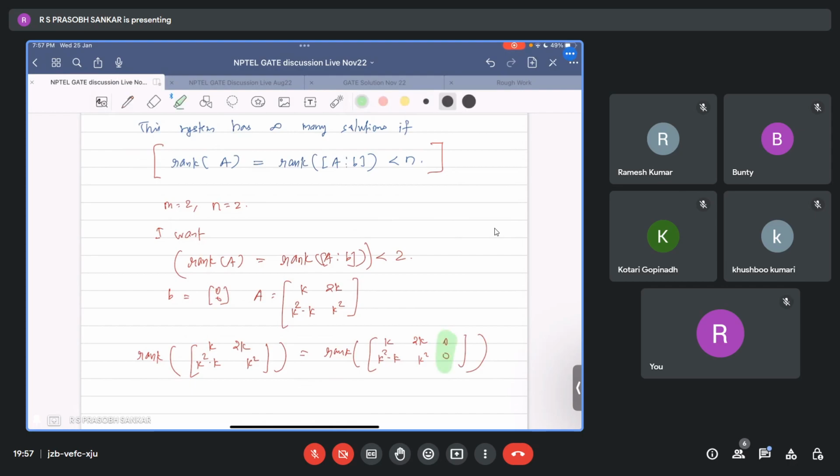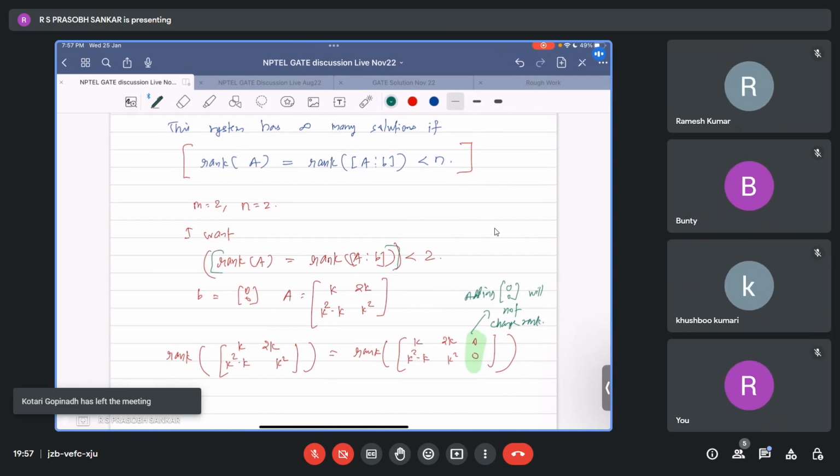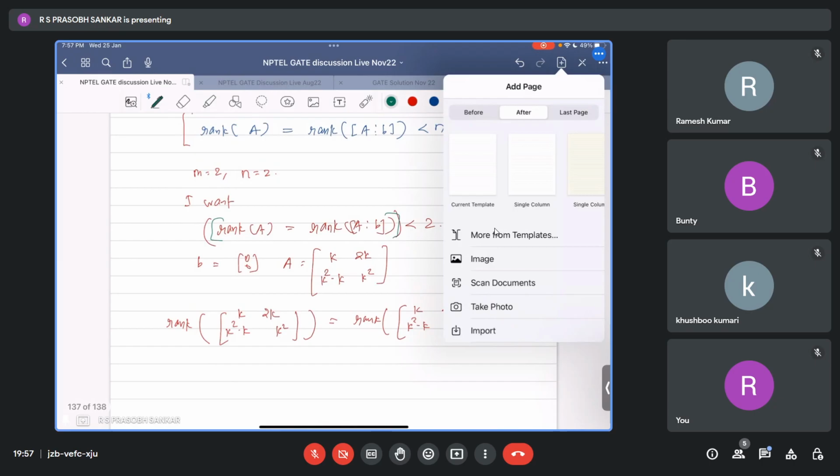So adding a 0 will not change the rank. So basically the rank of A is always the same as the rank of the augmented matrix A B in our case. So we just need to find when the rank is less than 2.